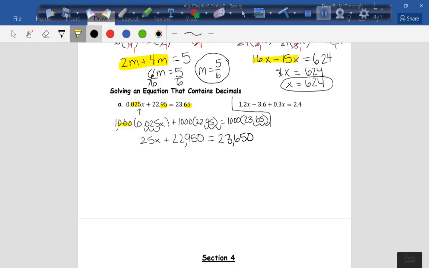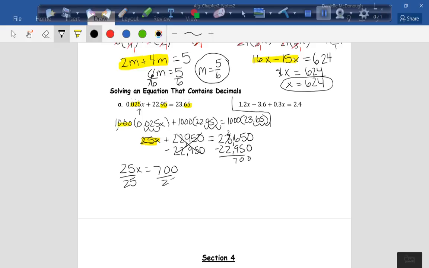You want to get your term with your variable by itself. So I'm going to start by subtracting 22,950 from both sides. I'm going to end up with 25x is equal to, if I subtract this over here, 0, 0, 16 minus 9 is 7, so it equals 700.